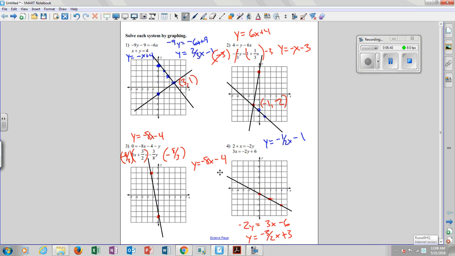Then you start at 3, make a dot, go down 3, right 2, down 3, right 2. Draw a line. It's a terrible line, but I'll fix it. Just like that. So that gives you 4, -3.